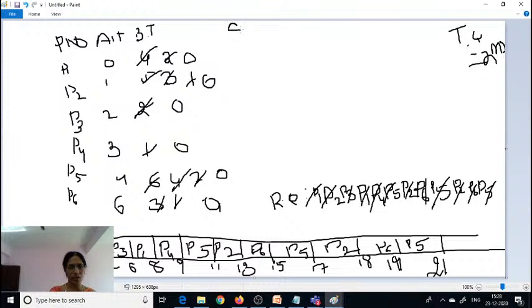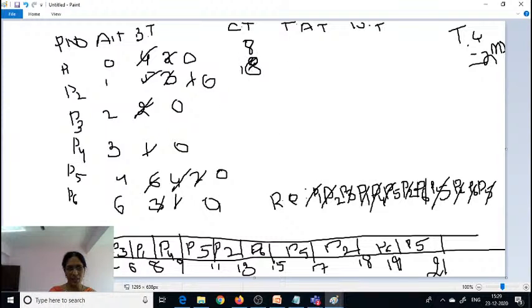Now you can find out the turnaround times and waiting times. Coming to the turnaround time, first we need the completion times. P1 is completed at 8 milliseconds. Next, P2 is completed at 18 milliseconds.